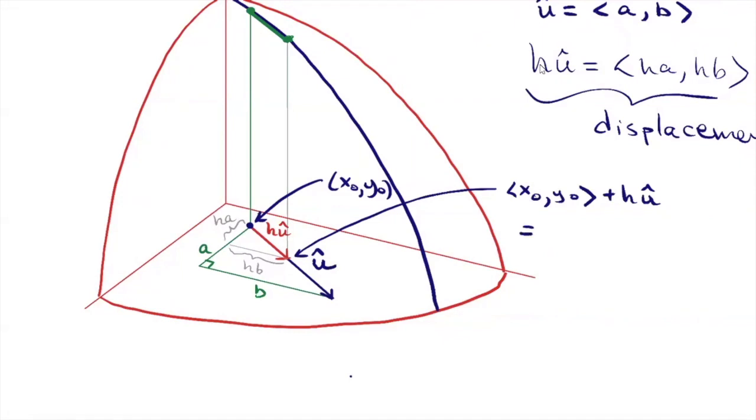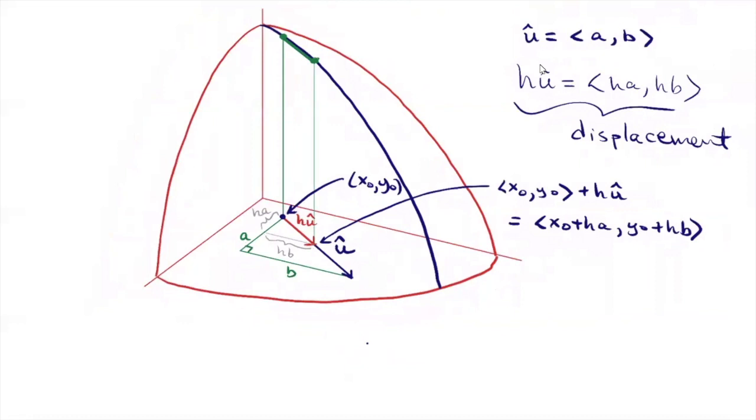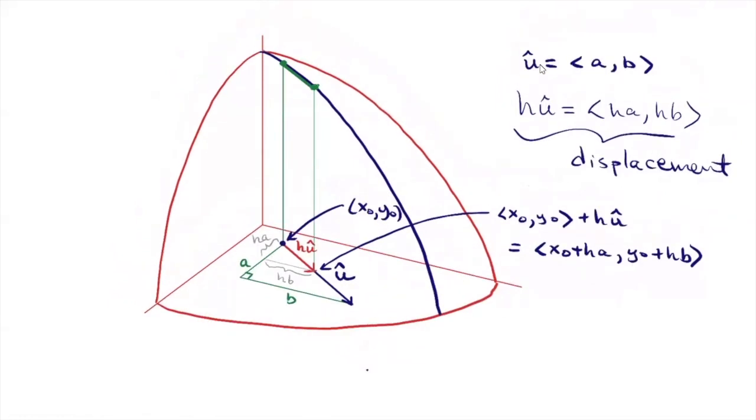And if you work that out, it's going to be X naught plus HA, Y naught plus HB. HU is just the displacement, so if you're moving from one point to another.